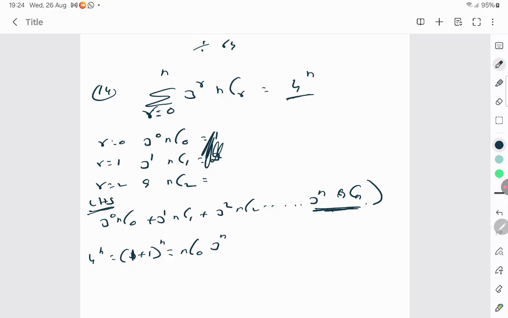Or you can even write it as 1 plus 3 the whole to the power n if you want more convenience. So you will have nc0, 1 to the power n, 3 to the power 0, plus nc1, 1 to the power n minus 1 can be ignored, 3 to the power n minus 1.